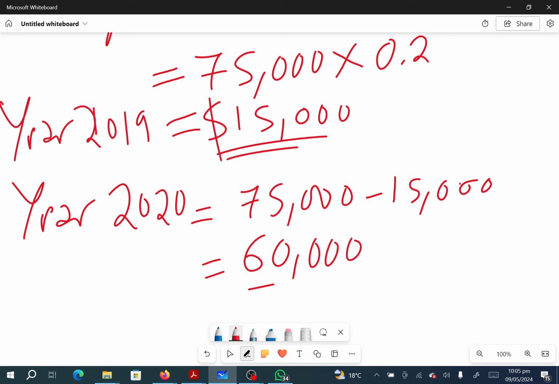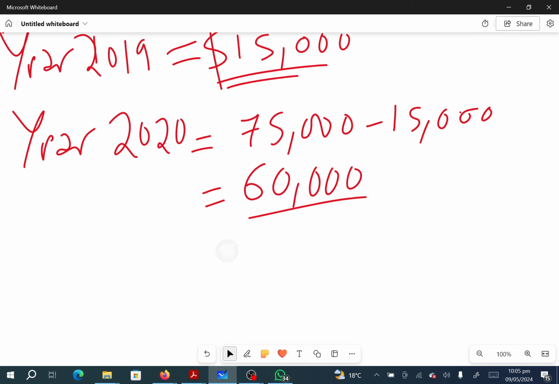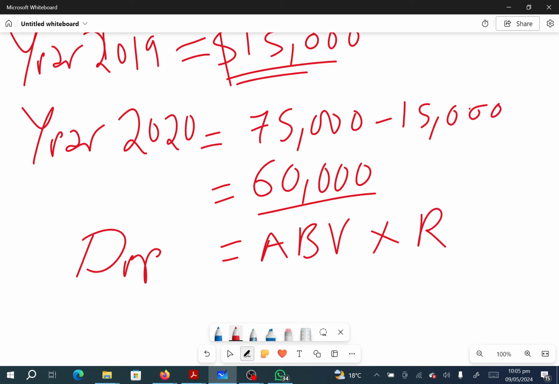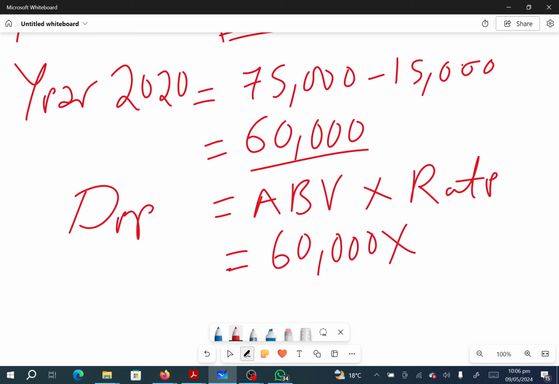So now we say depreciation is equal to asset book value multiplied by the rate of depreciation. Since our asset book value is now 60,000, we multiply by the rate.